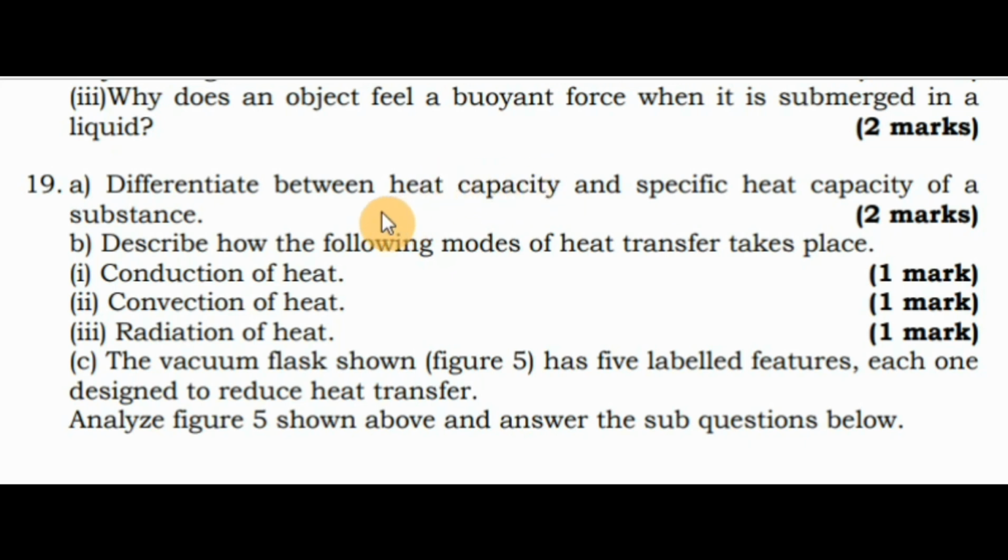The formula of heat capacity is heat divided by the change in temperature, and the unit is joule per Kelvin, while specific heat capacity is the amount of energy needed to raise the temperature of a substance of 1 kilogram by 1 Kelvin. The specific heat capacity is equal to the heat divided by mass times the change in temperature, and the unit is joule per kilogram Kelvin.